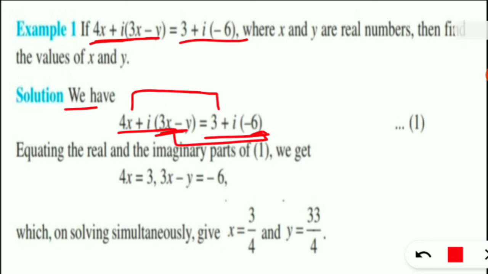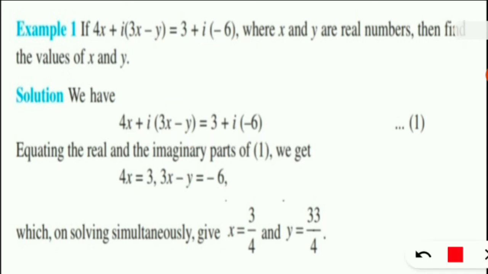Okay, so 4x equals 3, and i into (3x minus y) equals i into (minus 6), so i cancels, so 3x minus y equals minus 6. Okay, so from this 4x equals 3, so x equals 3 by 4.